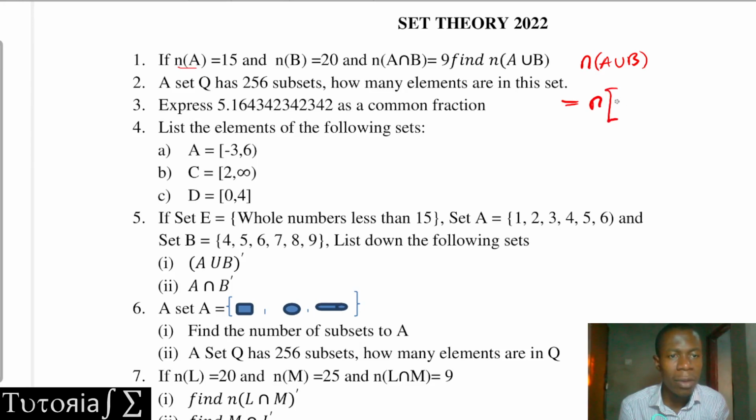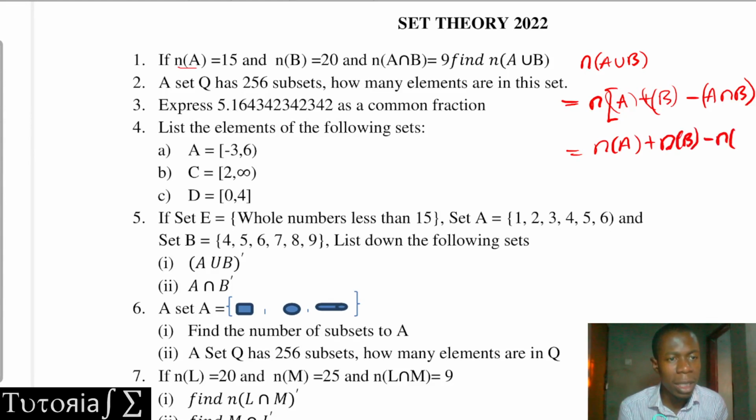Your A union B is equal to A plus B minus A intersection B. Okay, so that is how you find A union B: A plus B minus A intersection B. So you distribute the number of elements. That will be number of elements in A plus number of elements in B minus number of elements in A intersection B, like that.